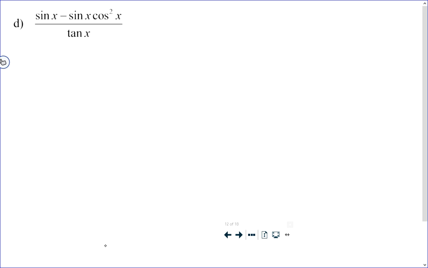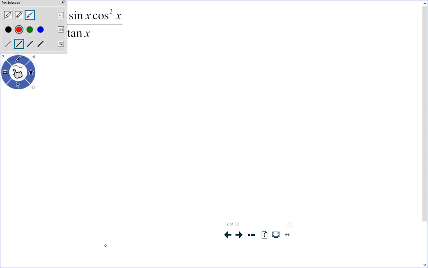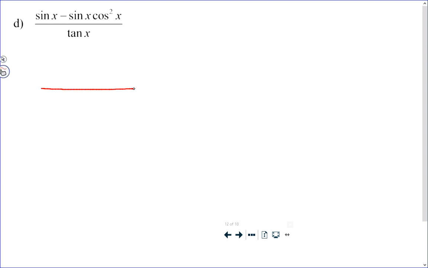If you were to take a look at the list of suggestions that I gave you, there are 2 suggestions in that list that we would use here. One of the suggestions is to factor if possible. And the top has sine of x as a common factor. There's a sine of x in this term and in this term, so I can factor a sine of x out.